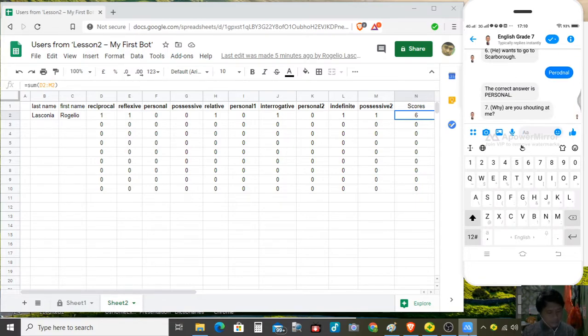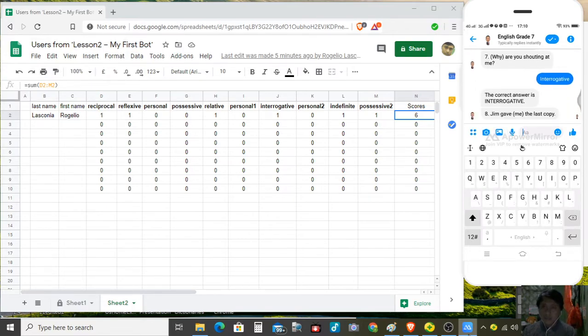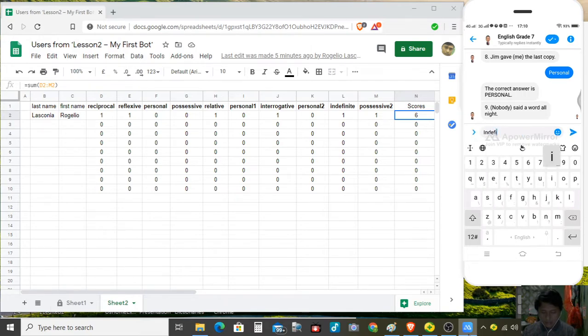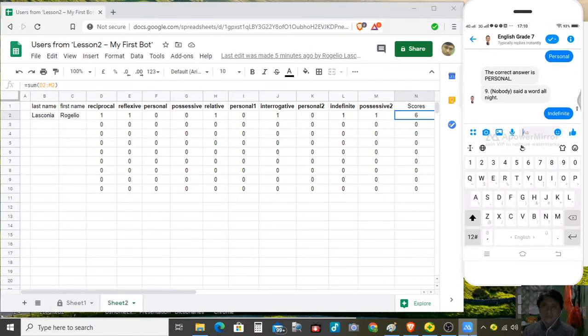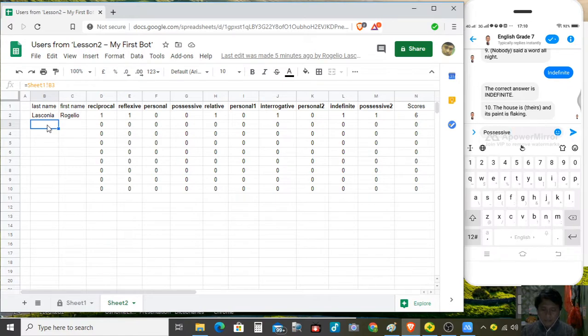The last is personal, then interrogative, then personal, then indefinite, and then possessive. So we will observe on this side if the answers are being reflected.